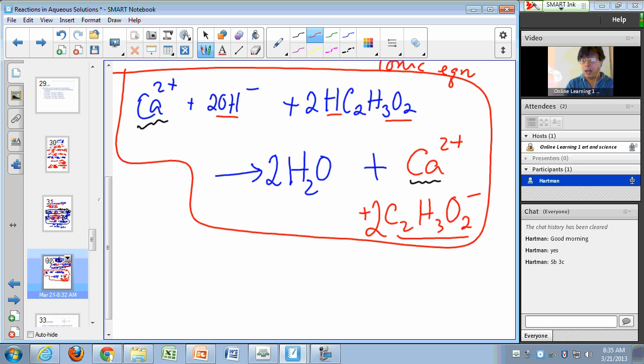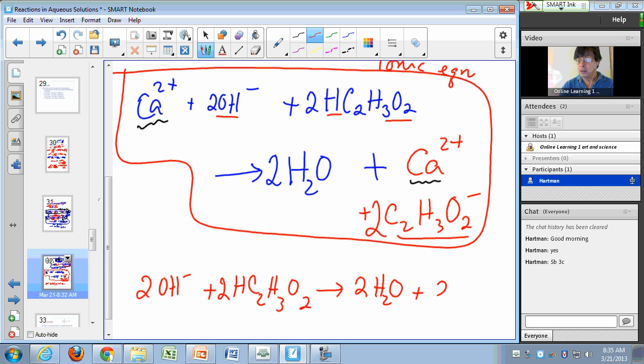Okay, so what happened here is your two hydroxides pick up a proton from two acetic acids, HC2H3O2, giving you two waters plus two acetates.